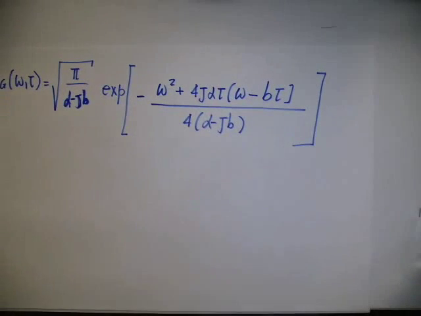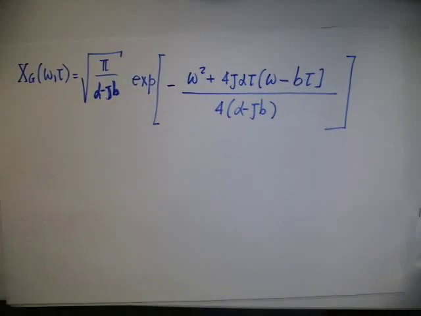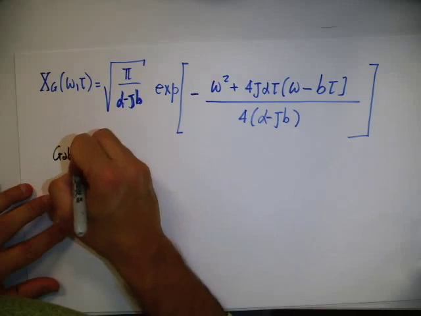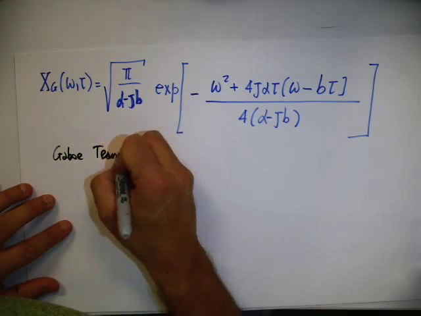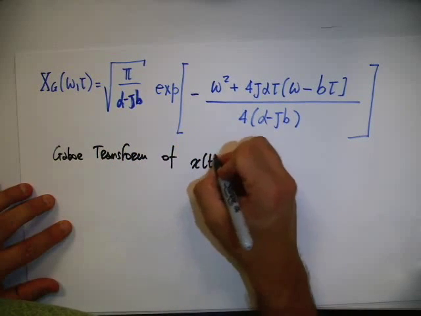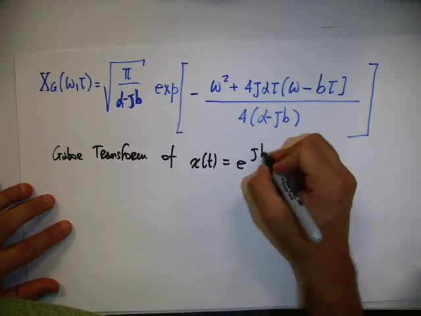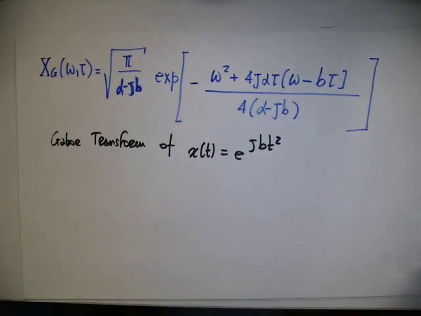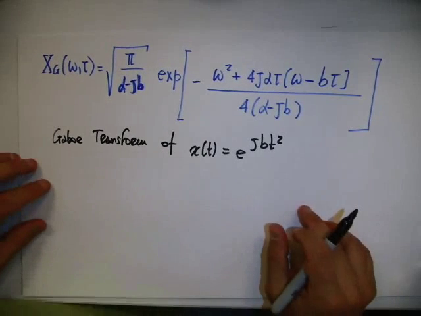And believe it or not, this is the Gabor transform of x of t equal e to the jbt squared. Very nice. It's a very nice formula. It's not that bad.